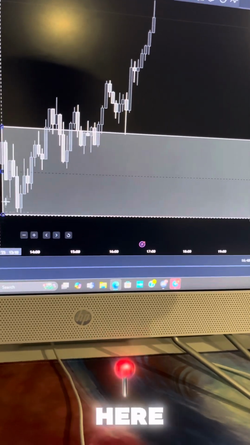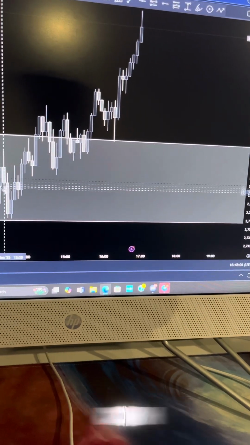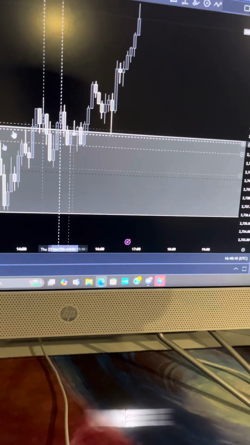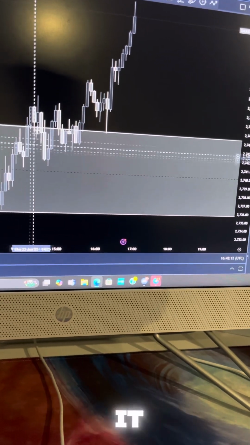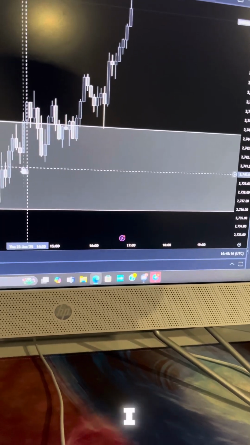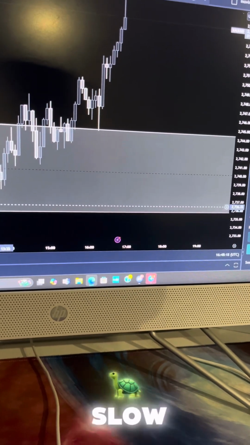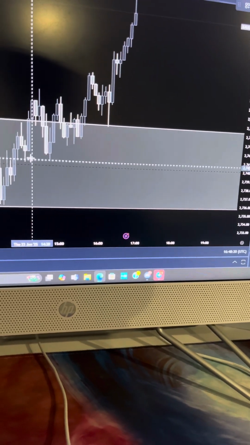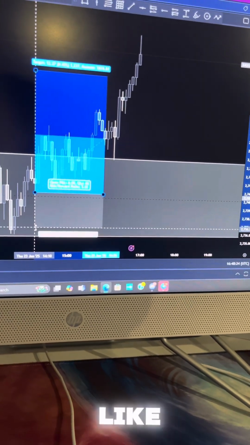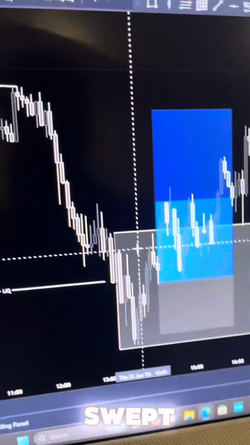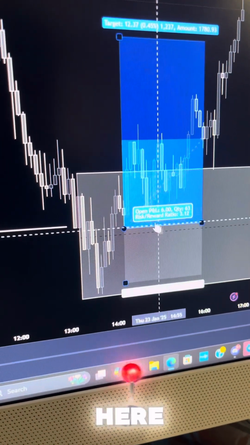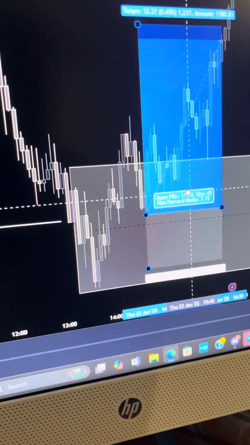This is my demand here. You see when price comes down, sweeps, and then pushes to the upside, leaving a block behind where price can retest. Look, it retests it, retests it. You can get your entry here, here, and if I was going to get my entry here, my stop loss would be below this low. So like this, we've swept, we've broke structure, so our entry would actually be here.